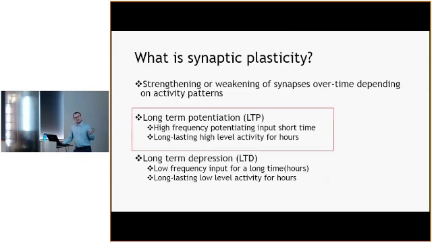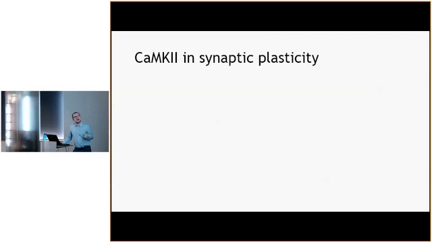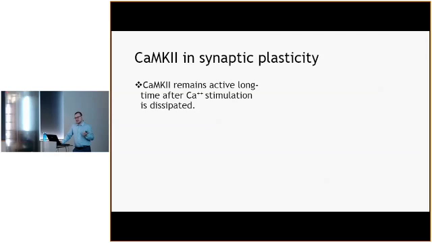CAMK2 is generally related to long-term potentiation, and I just want to talk to you about the role of CAMK2 in synaptic plasticity. Basically, similar to long-term potentiation, after its activation by the calcium calmodulin complex, it will stay active for a long time.